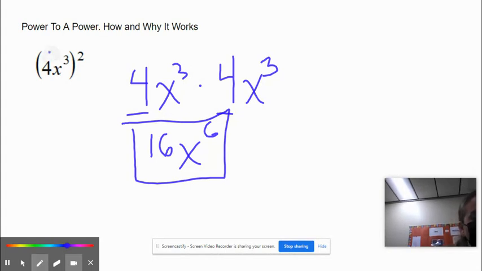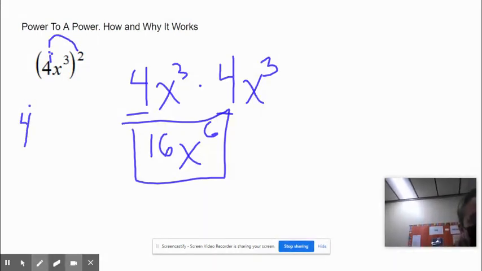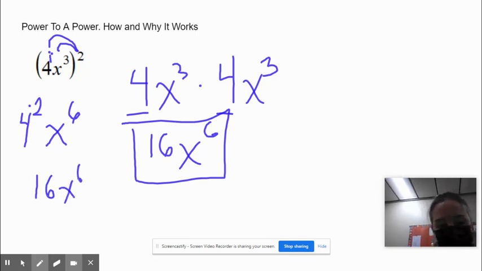So pretend there's a 1 on the 4, and 2 times 1 is 2. And 2 times 3 is 6. But then 4 squared we know is 16. So that's why it works.